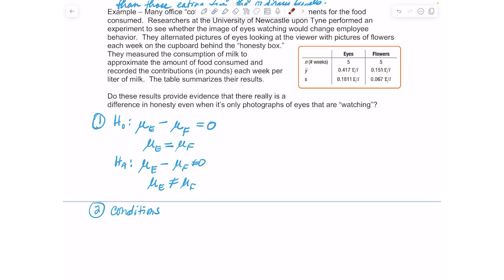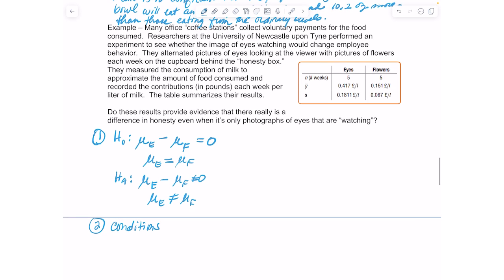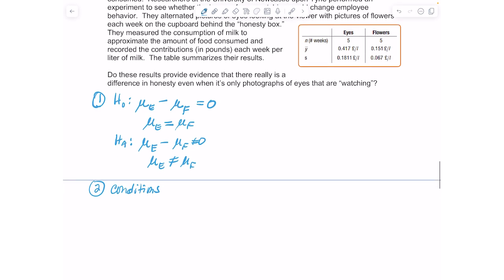So we assume that the samples given over the 5 weeks was quite large. But it's less than 30 for n, so it's probably safe to say it's unimodal and reasonably symmetric. All right, so since my conditions are satisfied, it's okay to use a 2-sample t-test.